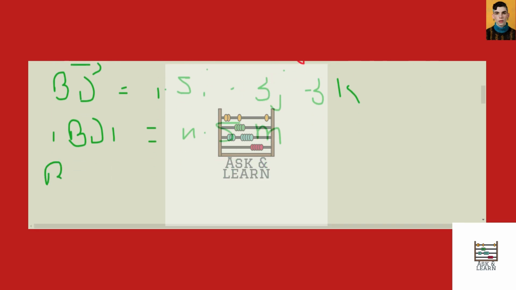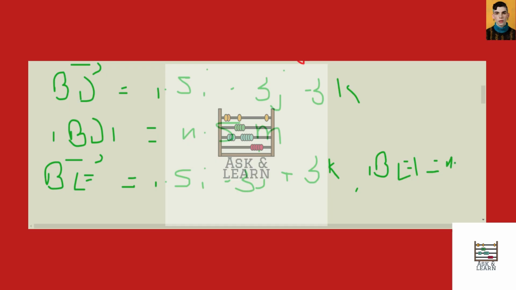Similarly, line BE is equal to 1.5I minus 3J plus 3K, and the magnitude of BE in the same manner we can find out, which will be equivalent to 4.5 meter.